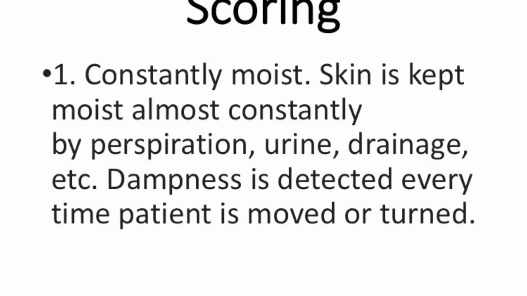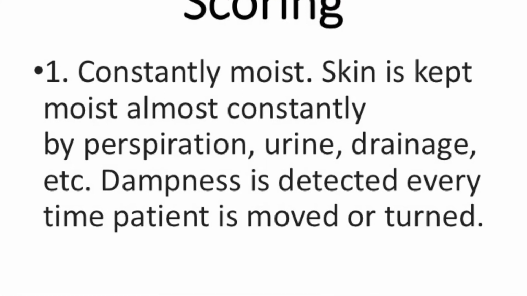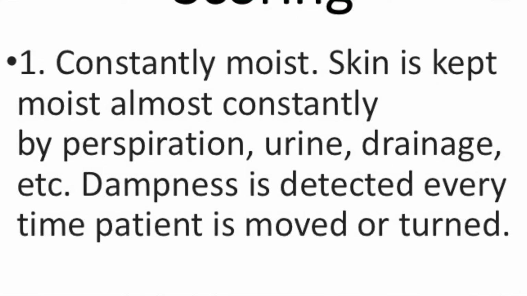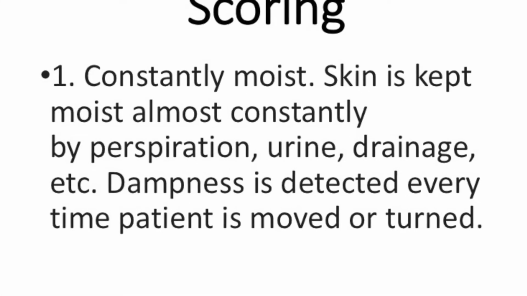Consistently moist means the skin is kept moist almost constantly, with the patient in a very bad condition, stool, urine, whatever. And this will make the skin much weaker, more fragile, and prone to pressure ulcer. However, in the fourth week, we will also differentiate between pressure ulcer and incontinence-associated dermatitis.